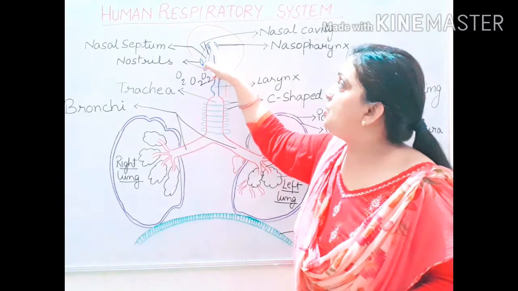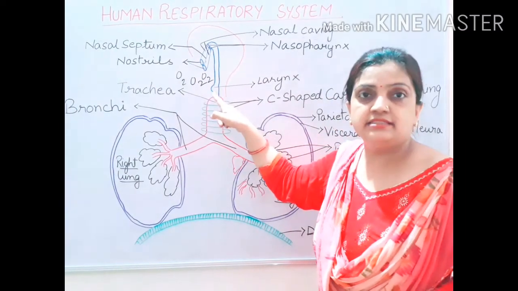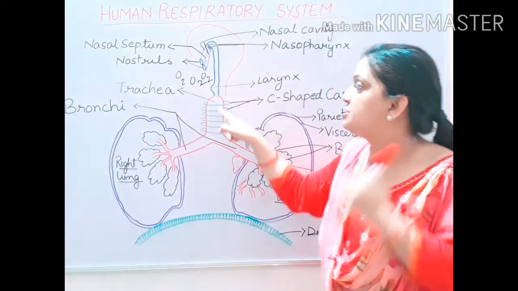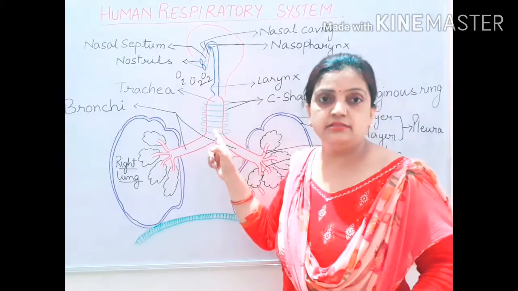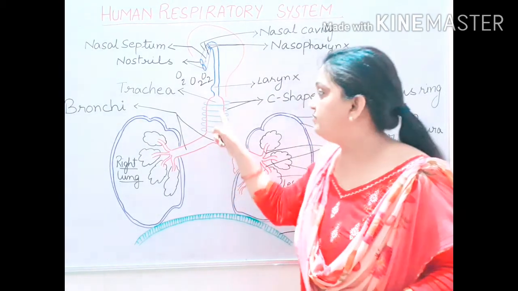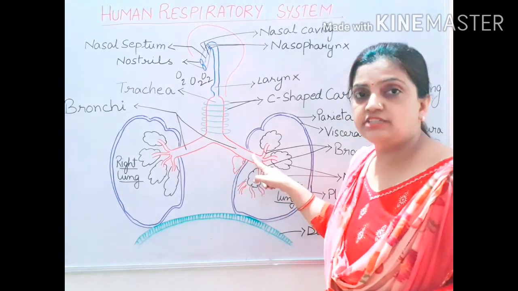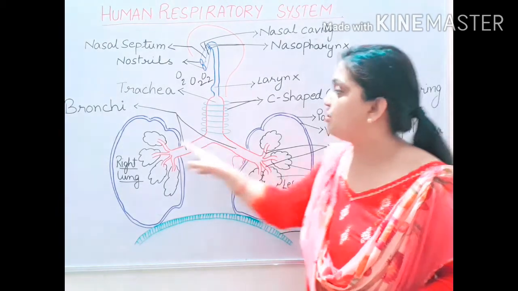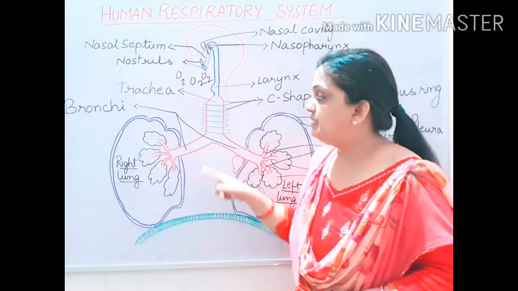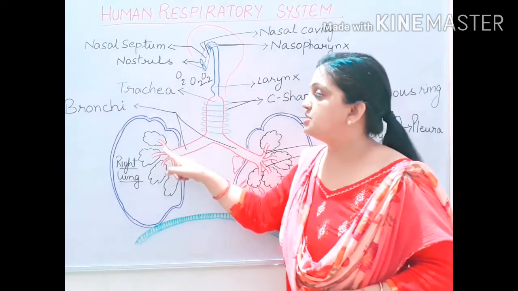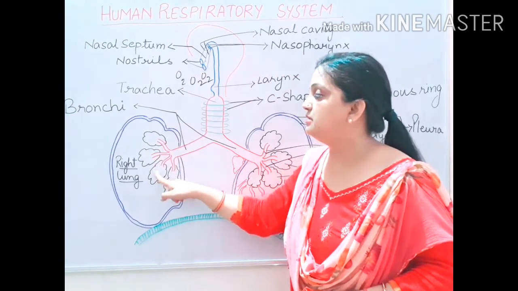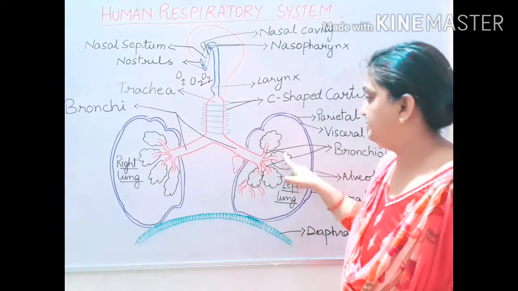And then the oxygen will come into the larynx. From the larynx the oxygen will pass into the trachea. From the trachea oxygen will travel to the bronchi. From the bronchi oxygen will travel into the bronchioles of both the lungs. And then from the bronchioles, oxygen will be released inside the alveoli.